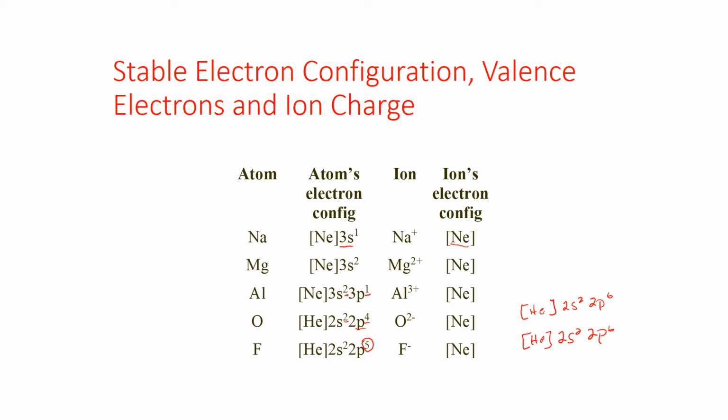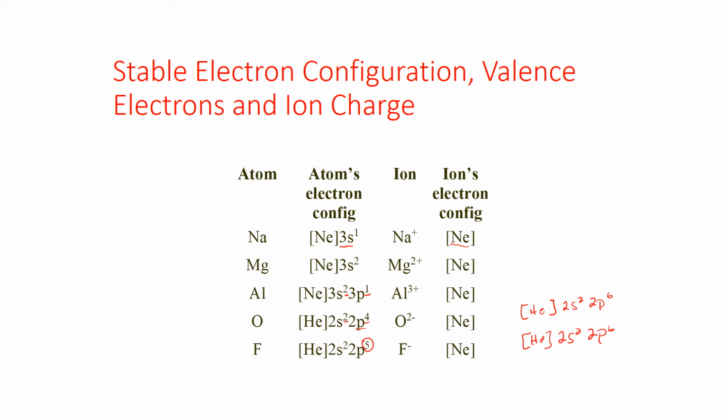And we consistently see this pattern that atoms tend to gain or lose electrons to obtain the electron configuration of a noble gas. That's because there is a certain stability associated with that noble gas electron configuration. Noble gases are called that because they don't necessarily react, and the reason they don't react is because they don't have to.